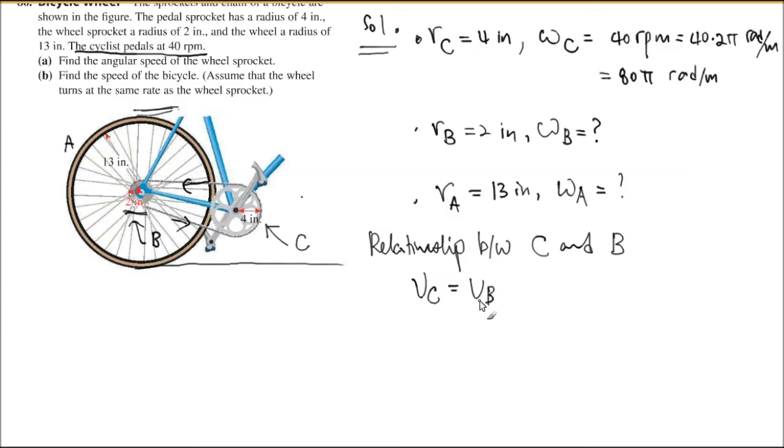Let's do something about this one, and then we're going to connect this B and A. They talked about B and C. They didn't say anything about A and B. Hidden is this connected by chain. So, any idea? Somebody like to come up with it? VC equals VB. These are the informations given about B and C. How do we utilize that into what we have just observed?